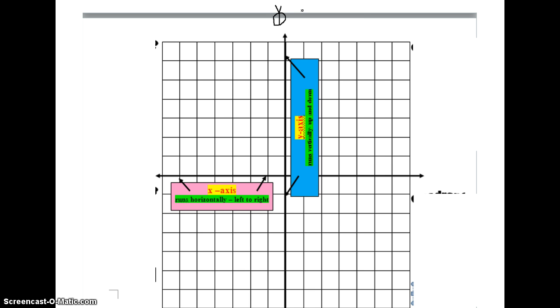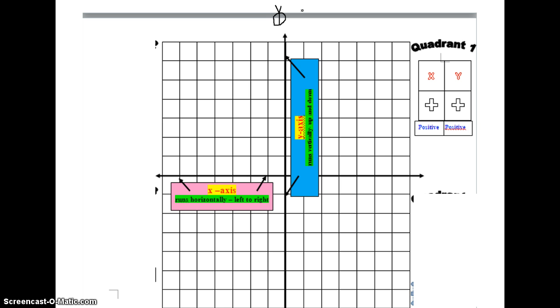There has to be a destination left or right and a destination up or down. The two of those together will give you a point, an address, if you will, for any point you want to plot on the coordinate plane. So we've got our x-axis that runs left or right, and our y-axis which runs up or down.